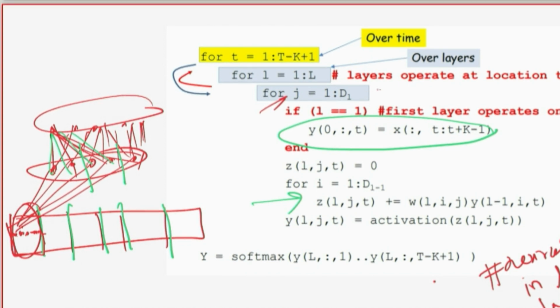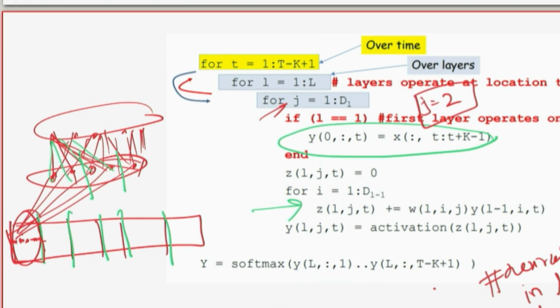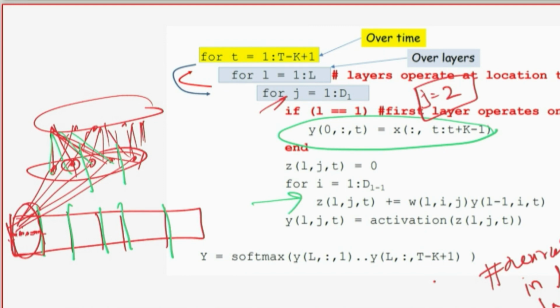Then J will change, so J will be 2, and this I for the second neuron, again they are going to access these entries. So this is happening in the first layer, or 0th layer, let's say. First layer, I mean we should call it first layer because the loop is L. So I hope this is clear.